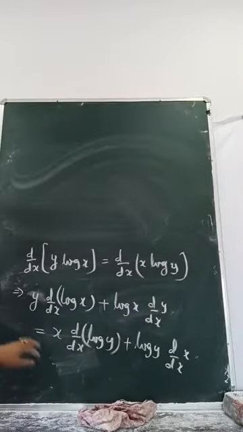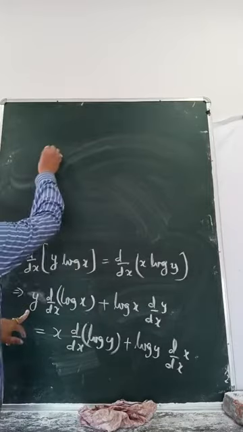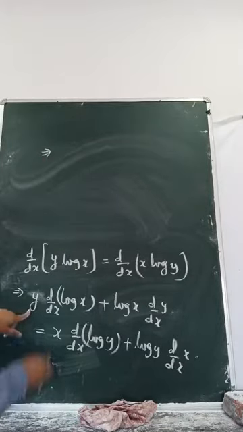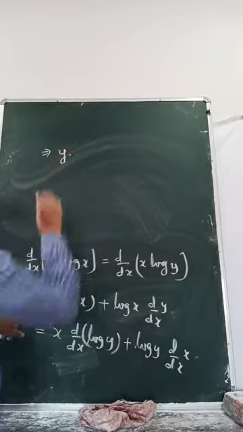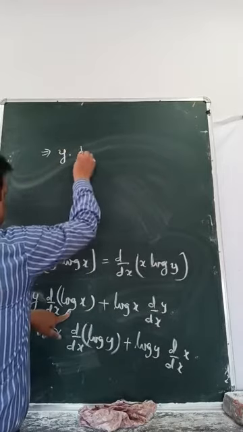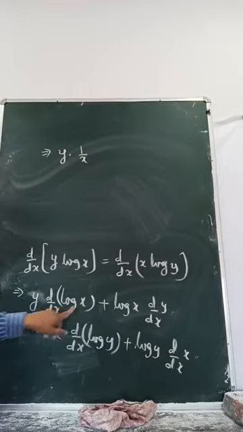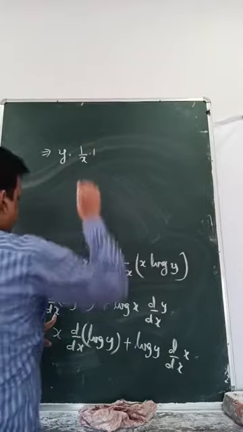Look at here, go step by step. Here is y, log x derivative is 1 upon x, and x with respect to x is 1.